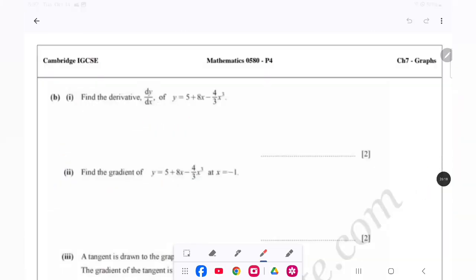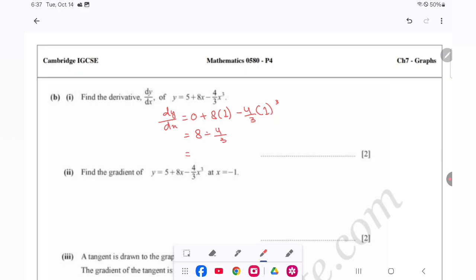Now for the B part, find the derivative dy over dx of the given equation. So dy over dx is equal to the derivative of y will become 0, and the derivative of x is 1, minus 4 over 3. Derivative of x cube is 3x square. That will become 8 minus 4 over 3.